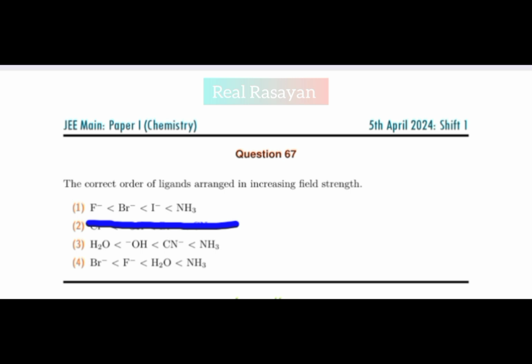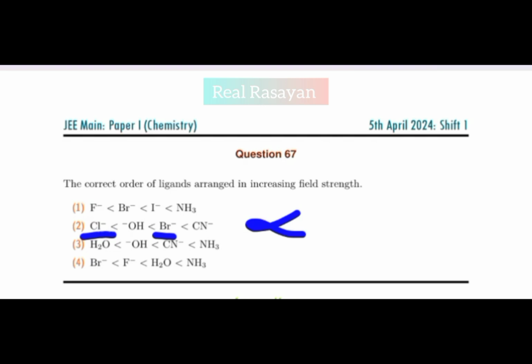Here fluoride ion should have greater field strength, but here it is less than bromide and iodide ion, so it will be wrong. Then the second, chloride and bromide ion. Here bromide ion has greater, but it should be opposite. Chloride ion should have greater crystal field strength than bromide, so it will also be wrong.